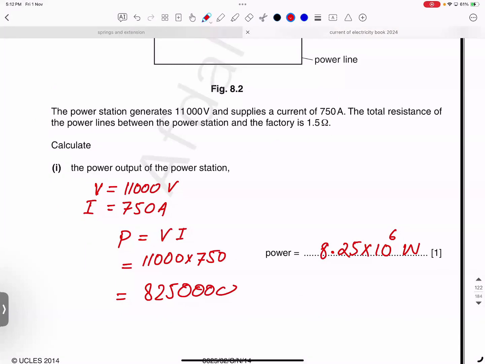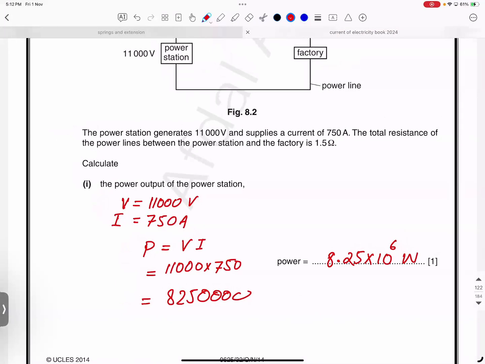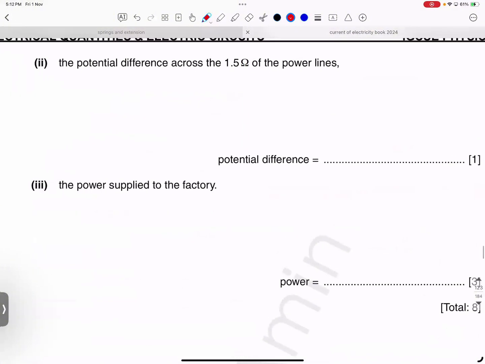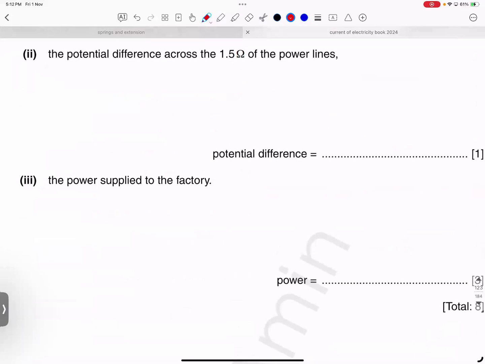You can round to 8.3 times 10 power 6. Okay, we get the power. Make sense?